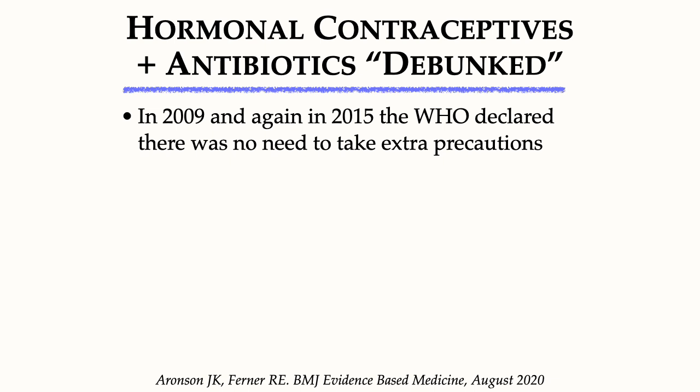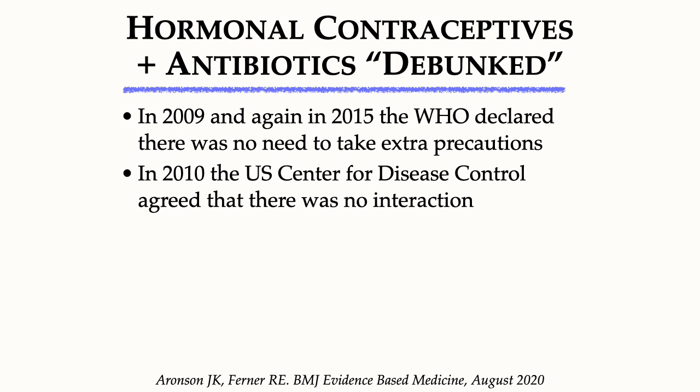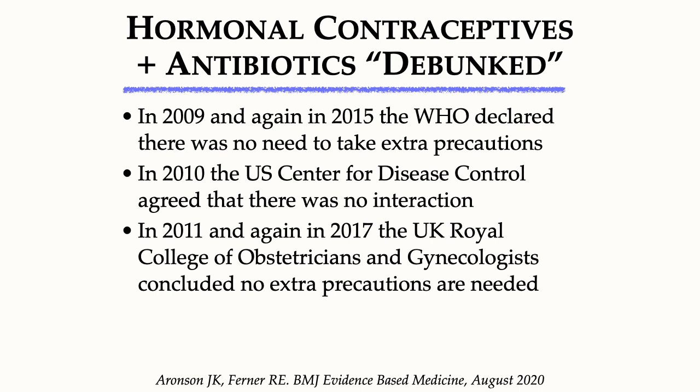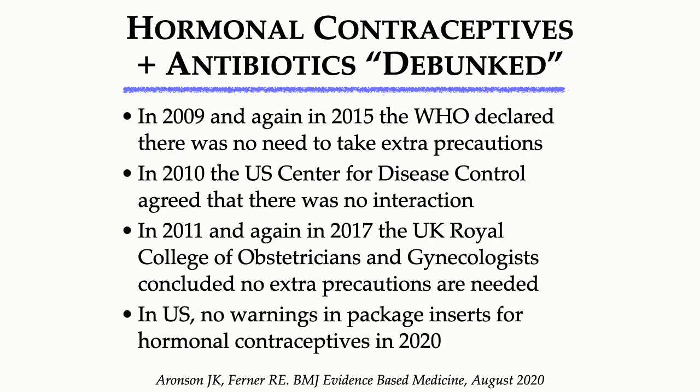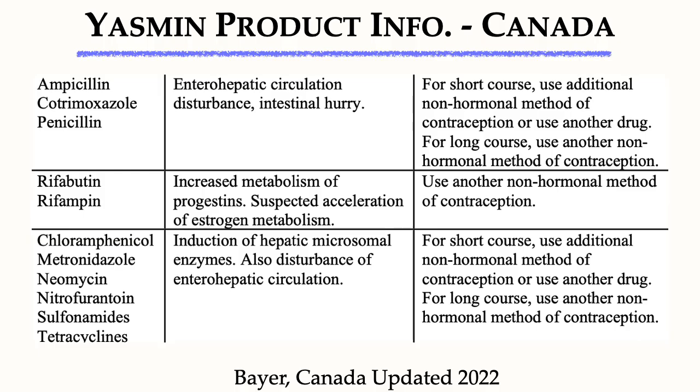But in 2009 and again in 2015, the WHO declared that this interaction was not real. 2010, the U.S. Centers for Disease Control agreed there was no interaction. 2011 and 2017, the UK Royal College of OBGYN said there's no interaction. And in the U.S., no warnings in package inserts for hormonal contraceptives in 2020. Now, even sources like UpToDate basically say there's no problem.